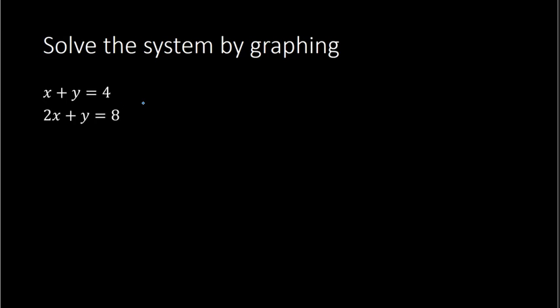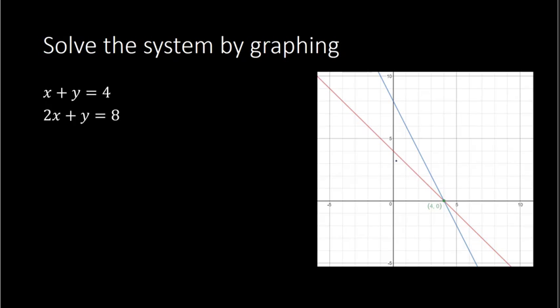But if you were to graph these two equations, you would get these two lines right here. Now notice where these two lines intersect. They intersect right here at this point, 4, 0. So my solution to the system of equations is where they intersect, which would be 4, 0.